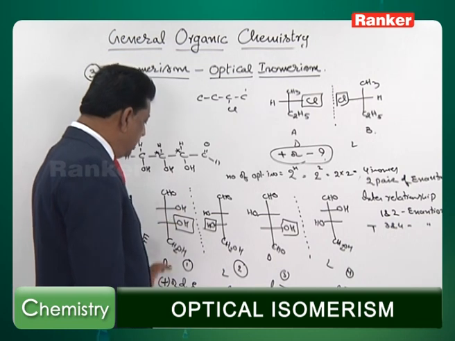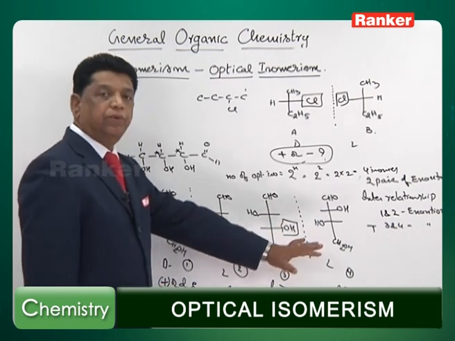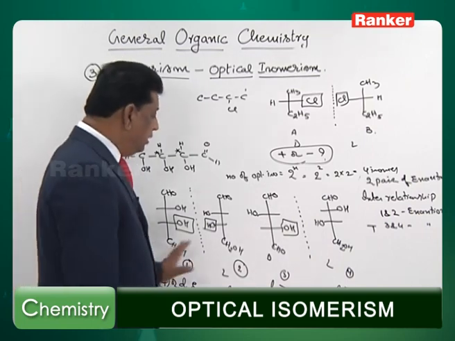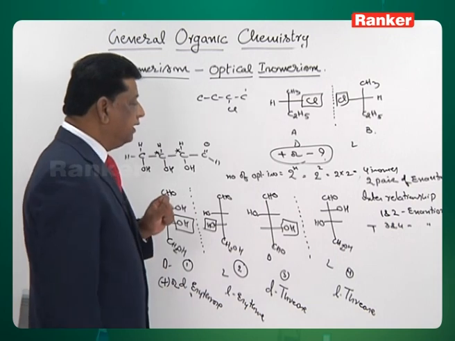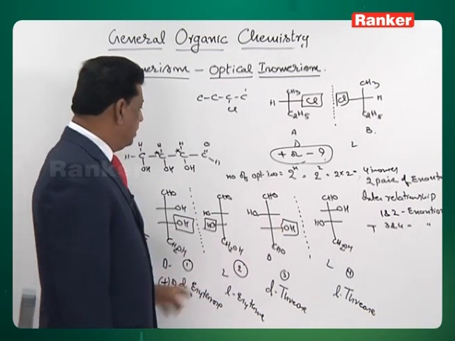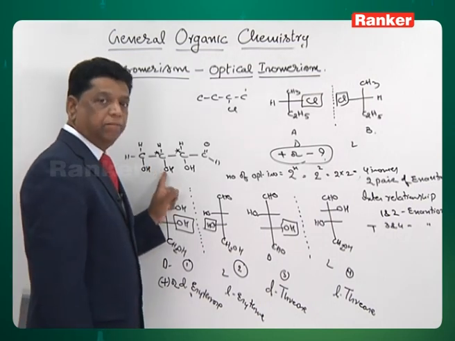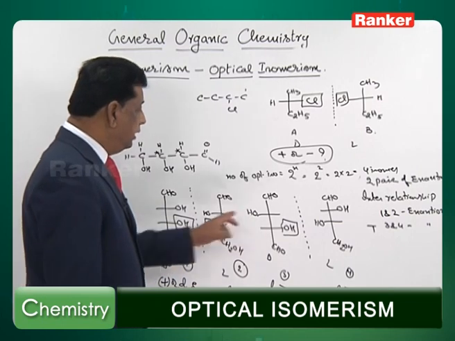But if I take one compound from this pair and compare it with one compound from the other pair, they are not enantiomers, but still they are optical isomers. 1, 2, 3 are optical isomers with this formula. So, 1 and 3 are still optical isomers, but not enantiomers.